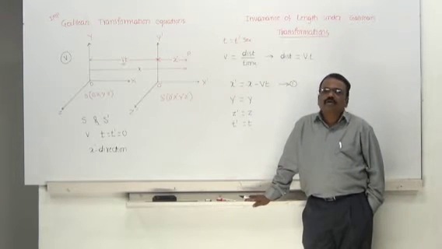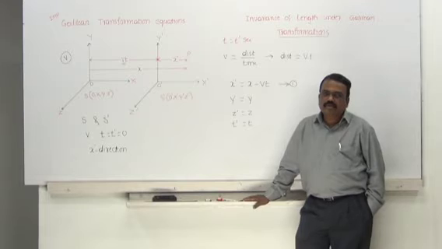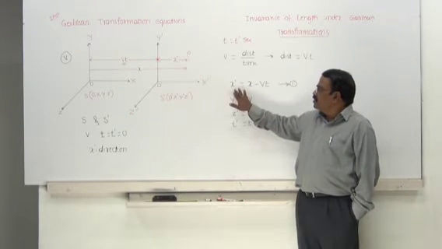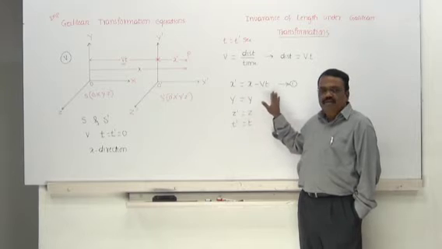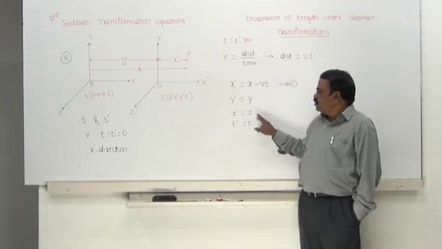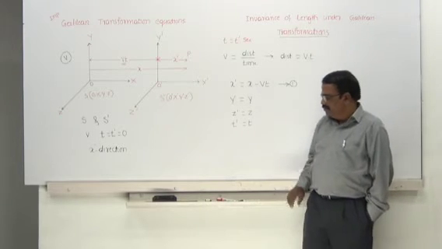Hence they are called Galilean transformation equations. You have to remember this Galilean transformation: x dash is equal to x minus vt, y dash is equal to y, z dash is equal to z, and t dash is equal to t.